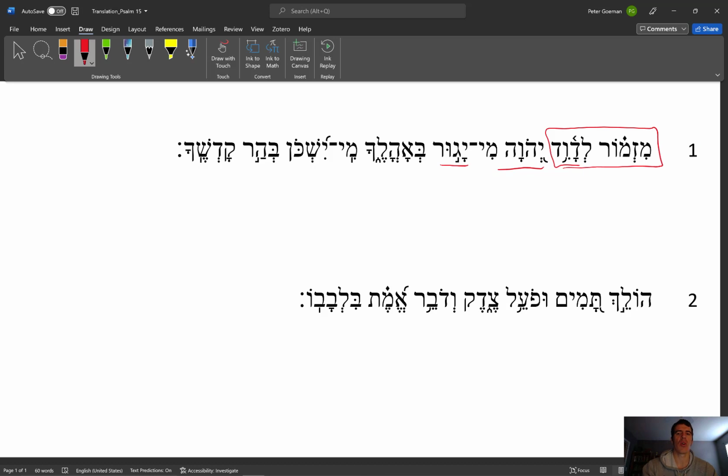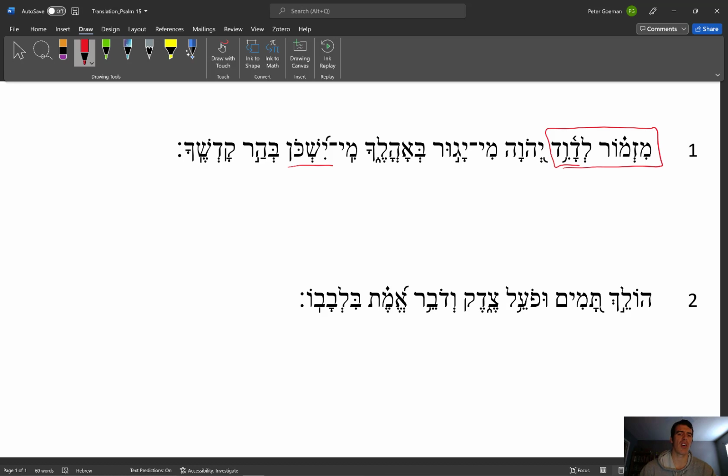B'oholecha. So ohel comes from ohel here, and then the bet preposition in, and then the 2ms suffix. So who can sojourn in your tent? And then that's the first phrase, who can sojourn in your tent, O Lord, who can sojourn in your tent? And then the next phrase, mi, who, Yishkon. Yishkon comes from shakan.